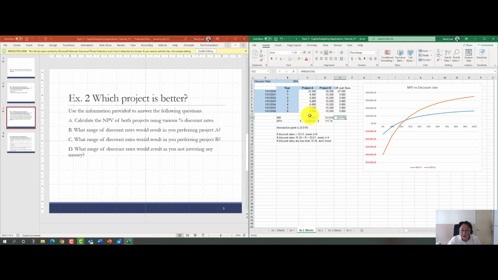Okay, based on this information, if discount rates are more than 23.51, invest in B. If they are less than 23.51 but more than 15.34, invest in A. But if it's less than 15.34, then don't invest at all. Okay, because B only becomes worthwhile if it's more than 20%.